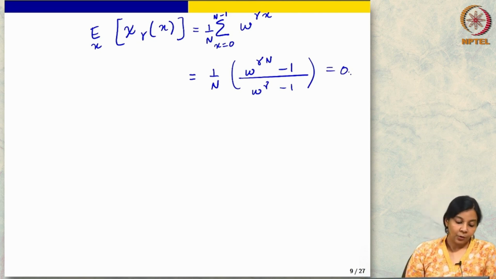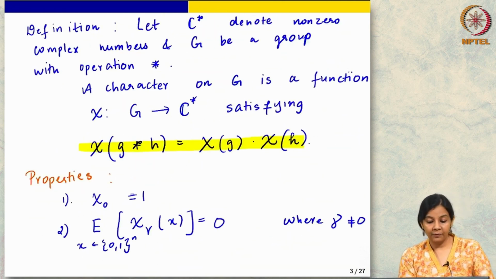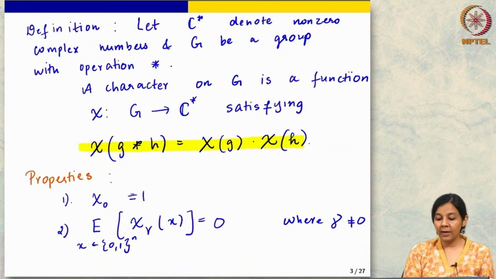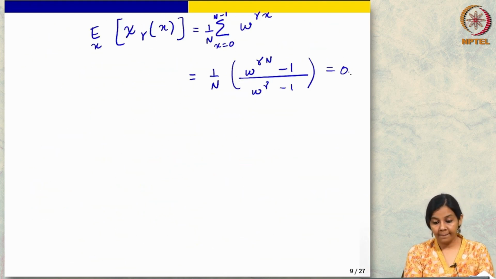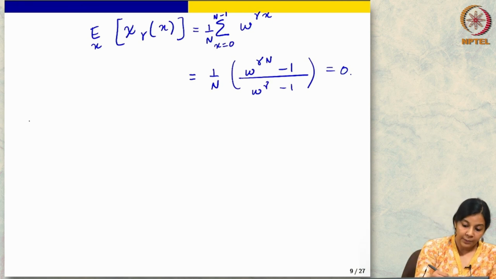Okay. So, this is analogous to what we saw before. That is why we were looking at those properties, right. The expectation over x of chi gamma of x was 0 even earlier, and the same thing holds now. Okay. What other properties do we have? The third property also holds.